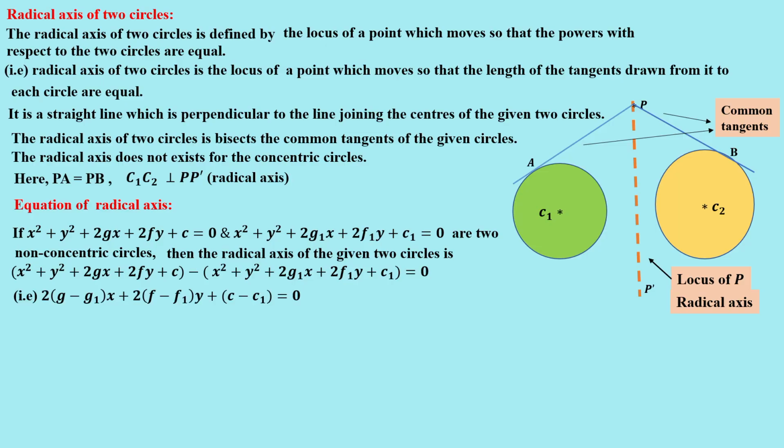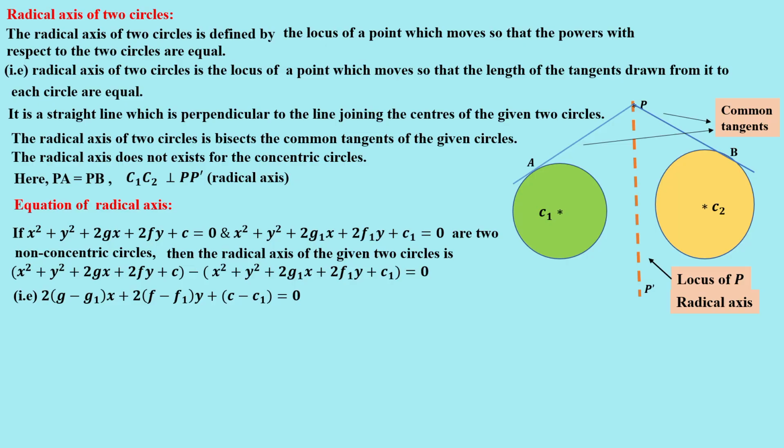So that is 2(g minus g1)x plus 2(f minus f1)y plus (c minus c1) equal to 0. Because when you subtract these two circles, the x square terms and y square terms get cancelled. Then grouping the x terms, 2 is common, so 2(g minus g1)x, and grouping the y terms, 2 is common again, plus 2(f minus f1)y plus the constant term c minus c1 equal to 0.